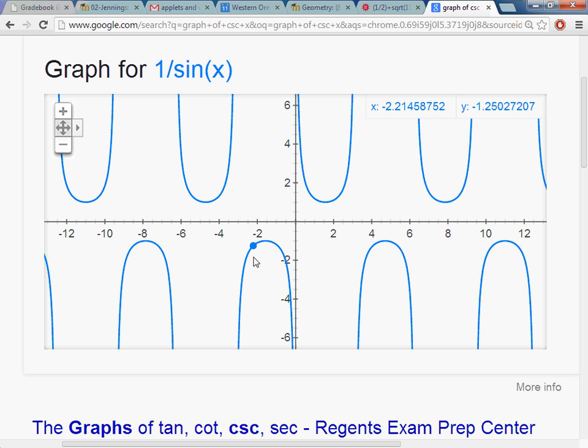There are no values in the range of cosecant between -1 down here and 1 here. And one of our solutions was like right in here somewhere, 0.6 or -0.6. That part doesn't matter because they're both covered. Okay?